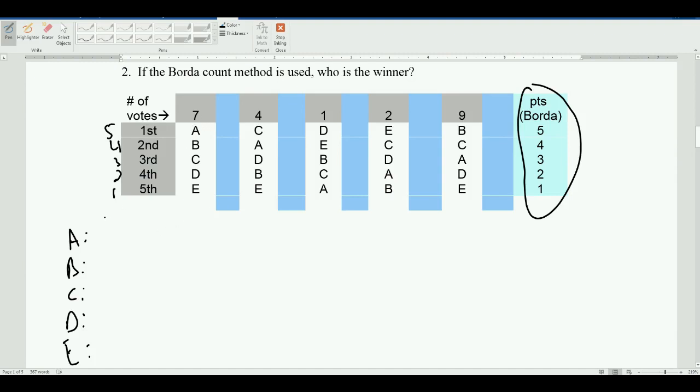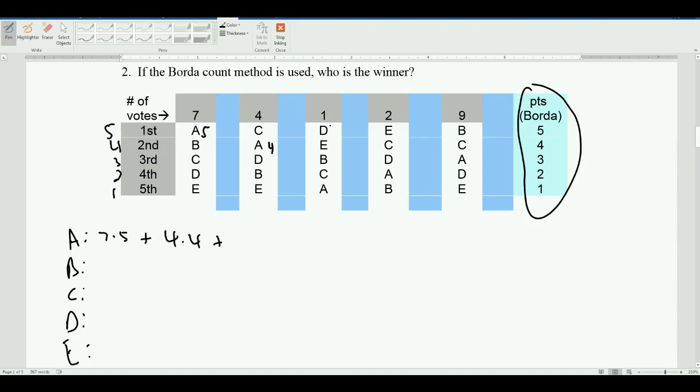So when I'm looking at A, on this column, A received 7 first place votes, and each of those first place votes is worth 5 points. So that's 7 times 5. And then on this one, A received 4 second place votes. Second place is 4, so it's 4 times 4.